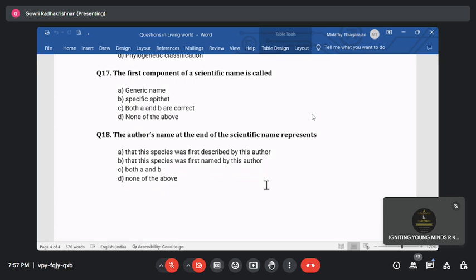Option A, ma'am. That this species was first described by this author. Oh, I'm sorry, not option A, it's option B. It is named by this author, not described. Option B.